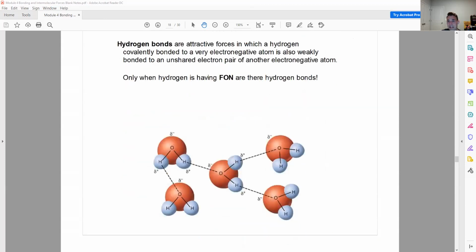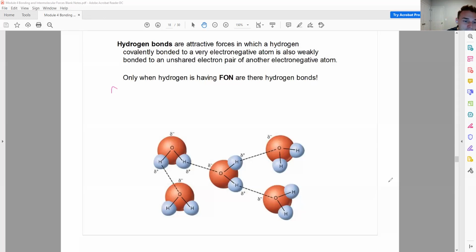And then finally, hydrogen bonds. Hydrogen bonds are going to be our strongest intermolecular force. So hydrogen bonds to a very electronegative atom. It's also weakly bonded to an unshared electron pair of another electronegative atom. So basically what this means, if hydrogen is having fun, then there are going to be hydrogen bonds.